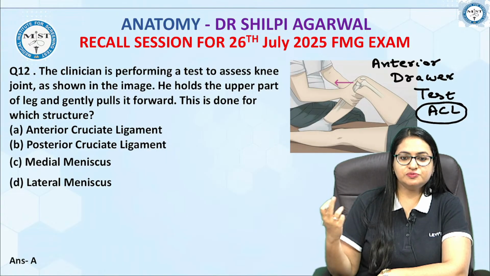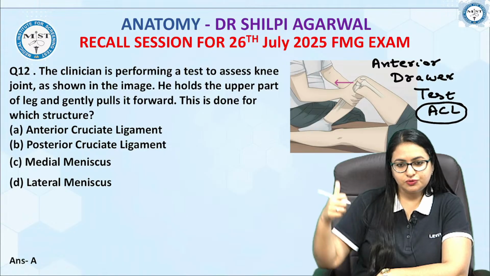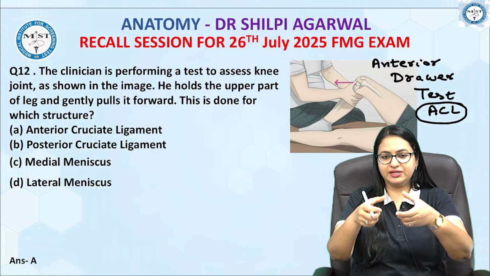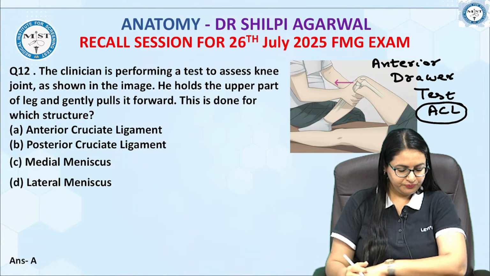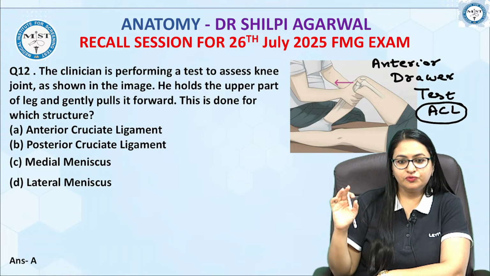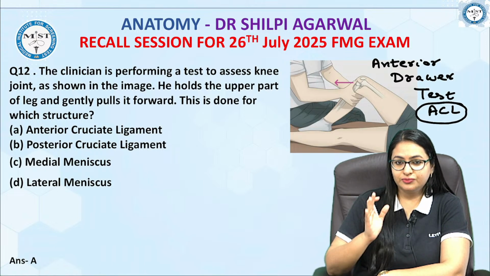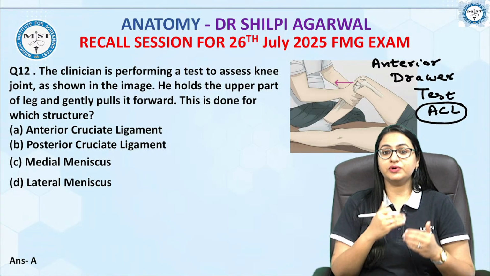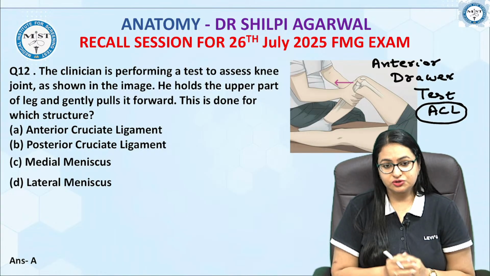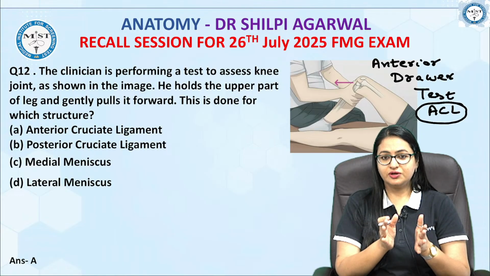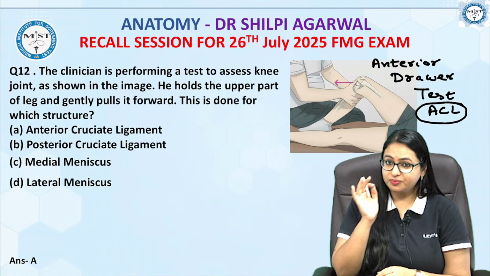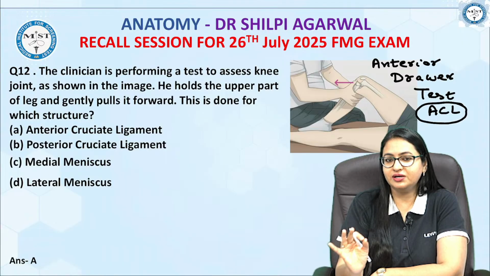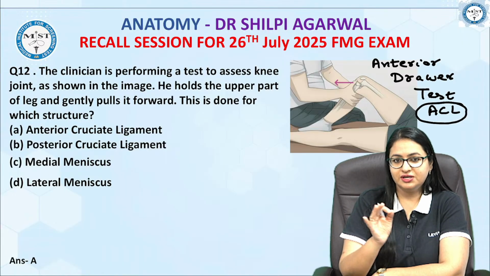So the clinician is performing a test to assess the knee joint as shown in the image, and he holds the upper part of the leg and gently pulls forward. So now whenever we are doing this test, we are trying to assess the injury of anterior cruciate ligament, which actually prevents the anterior dislocation of tibia. As we have discussed in the classes, when we were discussing the knee joint, we specifically discussed the function of anterior cruciate ligament, that it prevents the anterior dislocation.